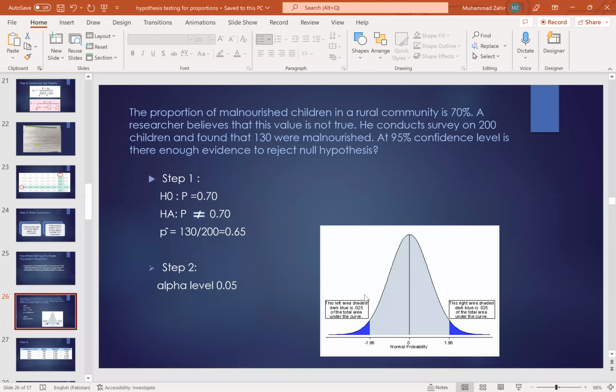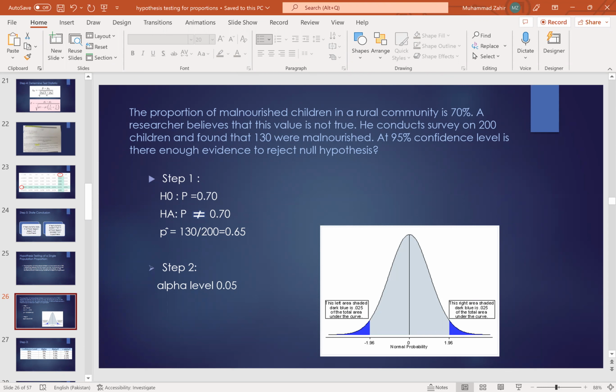Moving towards the solution, in step 1, the null hypothesis is 70%, in decimal 0.7, and the alternative is not equal to. After dividing the p hat value, the sample count, by the total sample, it is 0.65. In step 2, we have alpha, which is 0.05.